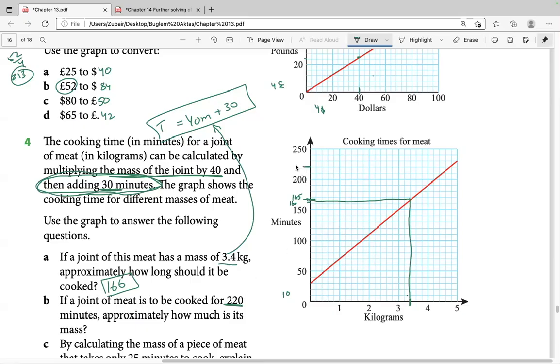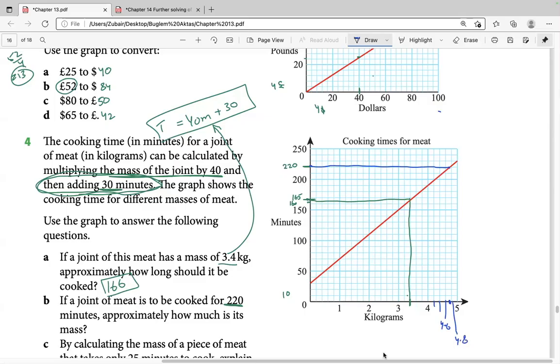This is 220. Do you agree? Yes. Let me change this color. And now we move horizontally. We use our scale and pencil and draw this line and it intersects at this point. Here, this is 4, 1, 2, 3, 4, 5, 6. This is 4.6. And at the end is 4.8.